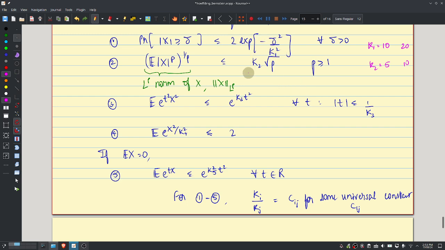So I could state all of these properties in terms of a single constant K, but that's not particularly relevant. So if I know one of these Ki's, then I can choose the rest of the Kj's to be some universal constant times that particular K. Does that make sense?